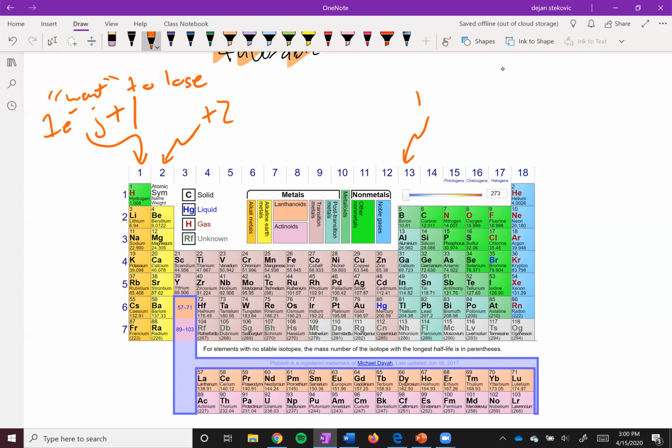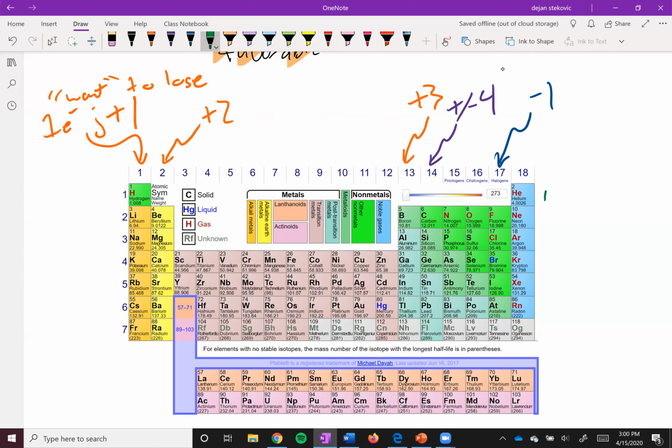Column 3, generally +3. This one right here, carbon, plus or minus 4. We'll see that it can do both by sharing. Same thing for the other ones: nitrogen -3, oxygen -2. Halogens want to be -1. They want to gain an electron to have a filled valence shell.